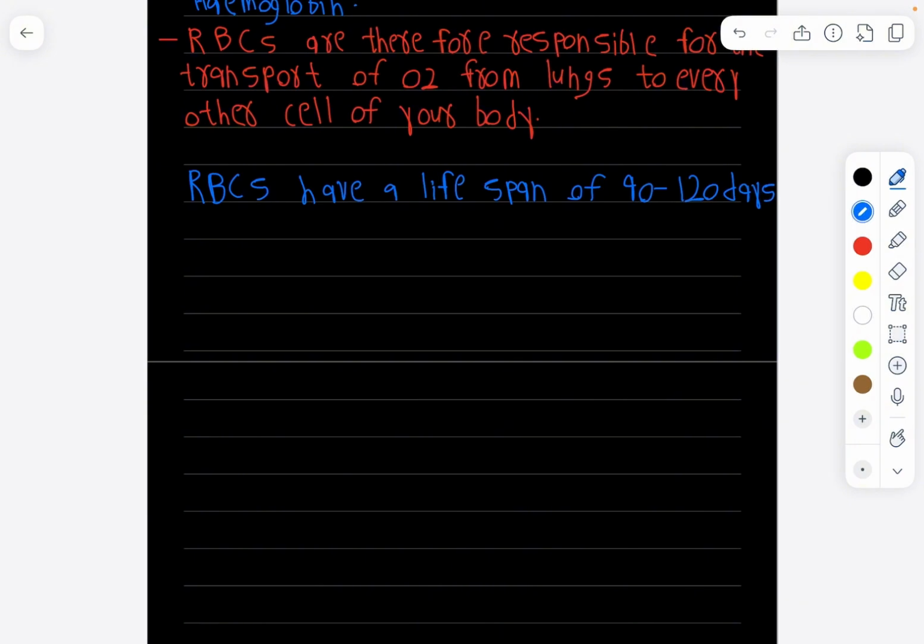RBCs have an approximate count. So we are going to talk about both the male and the female. Both male and female have different counts of RBCs in their body.